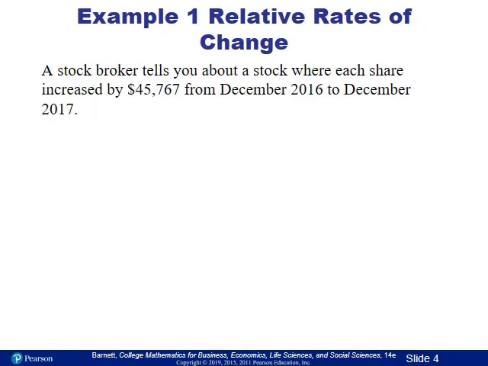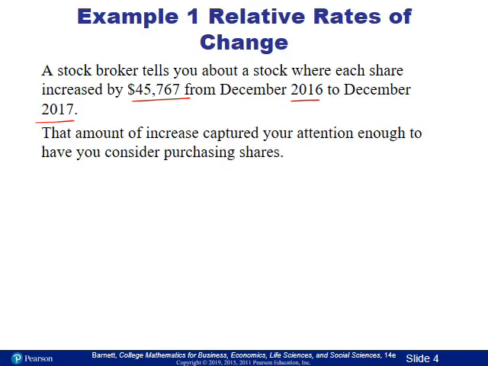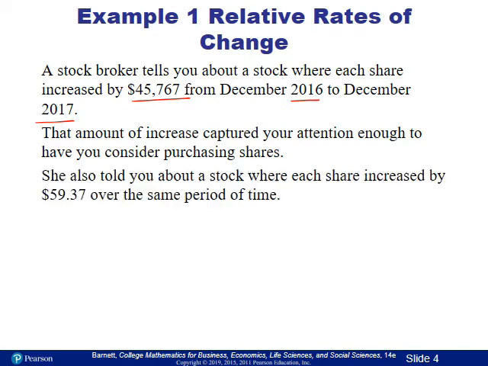A stock broker tells you about a stock where each share increased by this from December this to December this. That amount of increase captured your attention enough to have you consider purchasing shares. She also told you about a stock where each share increased by this amount over the same period of time.